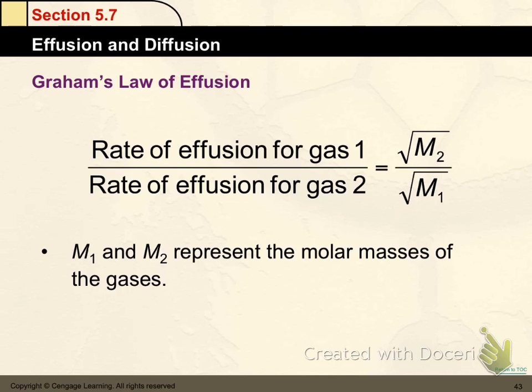So let's do a nice little example problem that hopefully shows you why these are switched. I'm going to take two gases. One really light gas, hydrogen, H2, which has a molar mass of about 2.02 grams per mole.